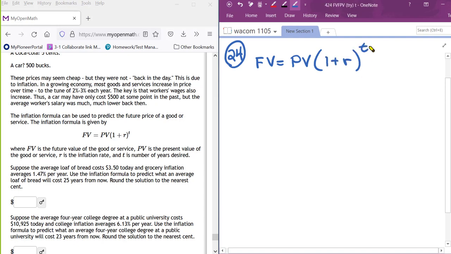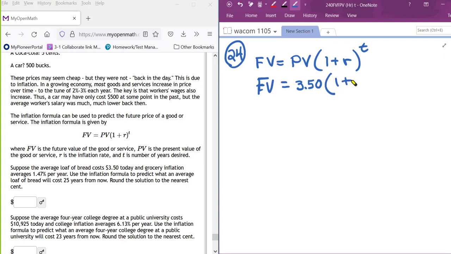And they are looking at a loaf of bread whose present value is $3.50. So we want to find what it will cost in the future. This is F. All right, so present value is $3.50. Your parentheses, 1 plus the inflation rate we're looking at, 1.47.